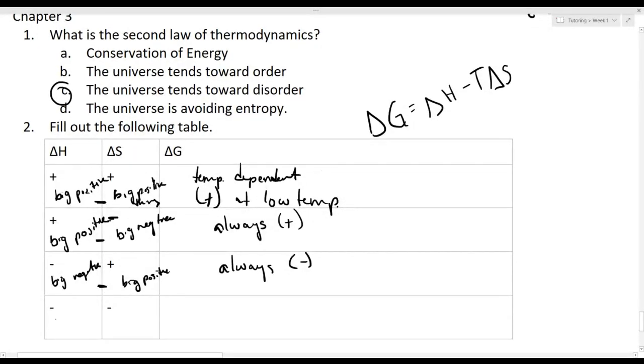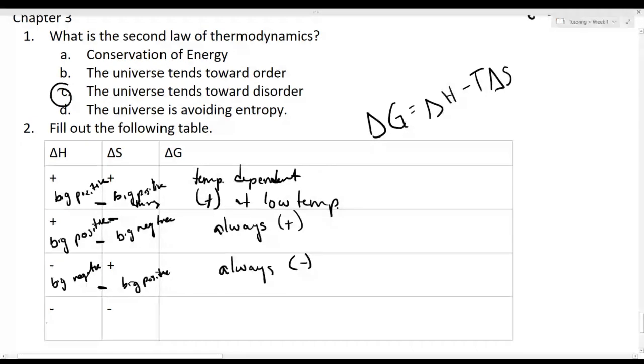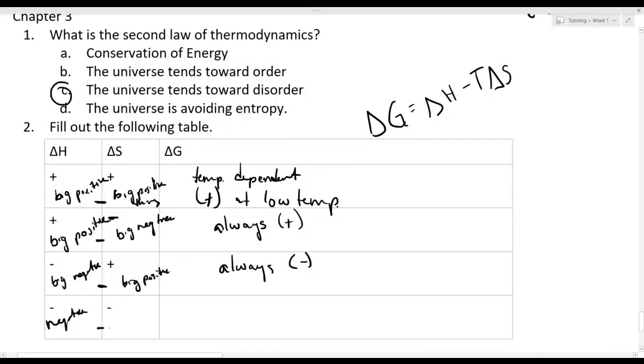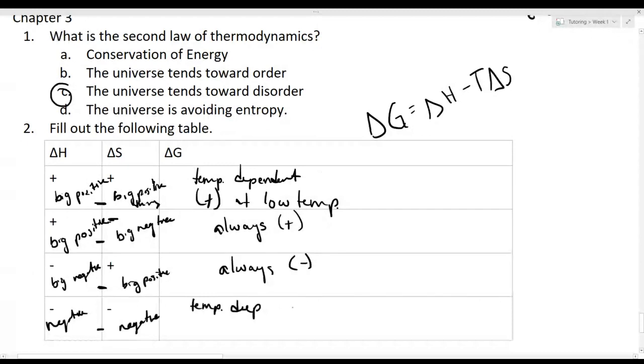Okay? And finally, this last one, a big negative number minus another negative number. Again, just like the positive case, this one depends on the temperature. So temperature dependent. I'm going to skip asking you high or low temperatures.